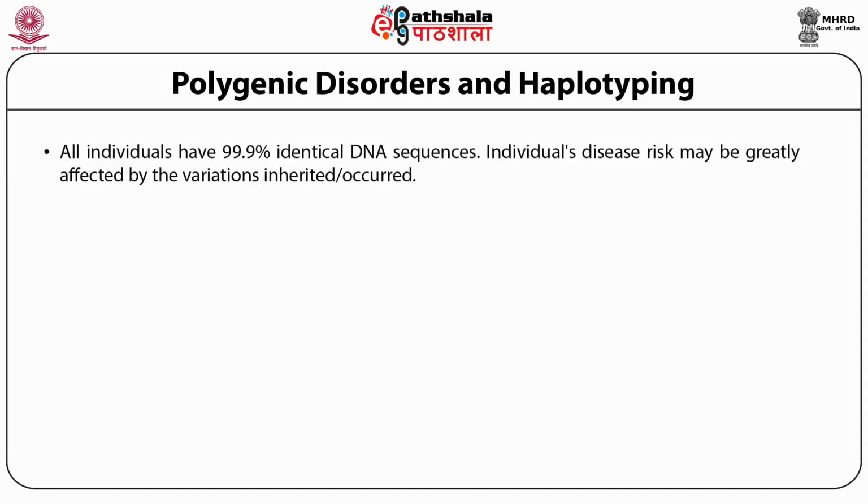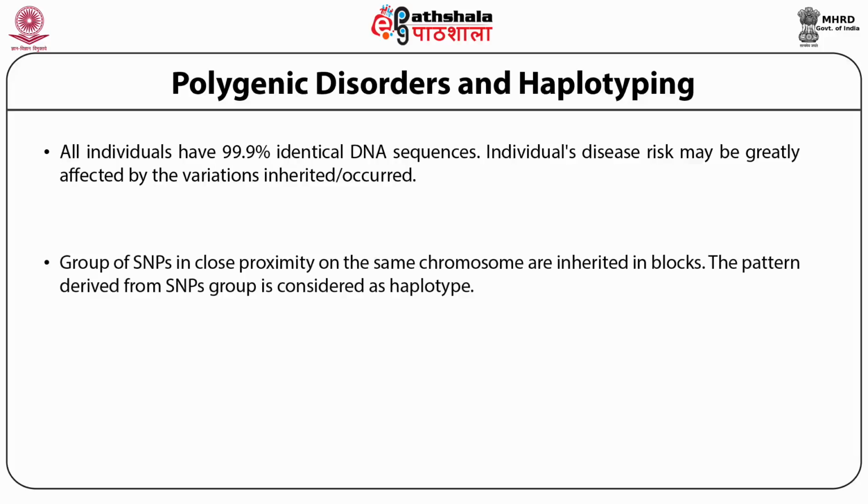All individuals have 99.9% identical DNA sequences. Individuals' disease risks may be greatly affected by the variations inherited or occurred. Single base differences in the DNA sequence where individuals differ are called single nucleotide polymorphisms, in short called SNPs. Groups of SNPs in close proximity on the same chromosome are inherited in blocks.